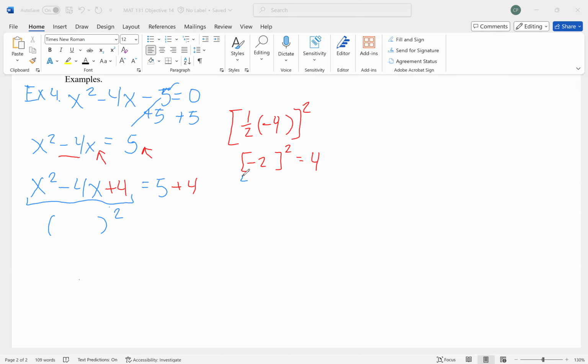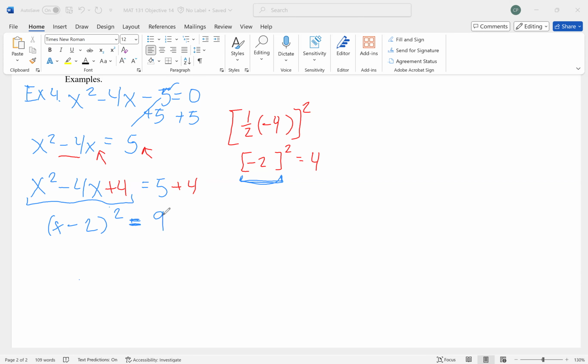If I look at this here, that -2 in there is a little hint that it's going to be x minus 2 squared. But there are other ways to find it, which we have discussed in previous objectives. So we got our x minus 2 squared equals, and we got 5 plus 4, which is 9.